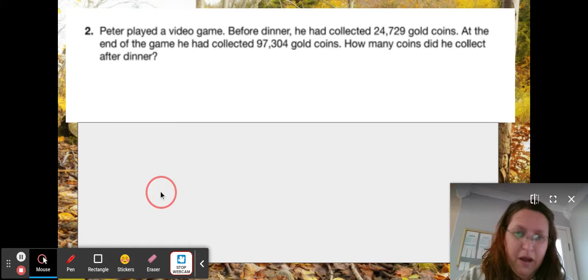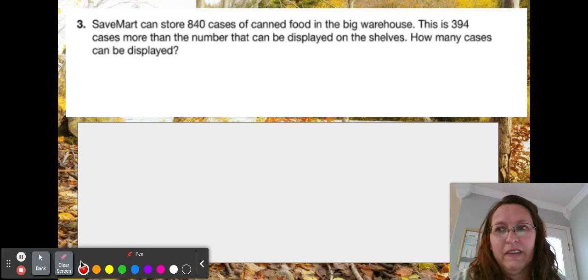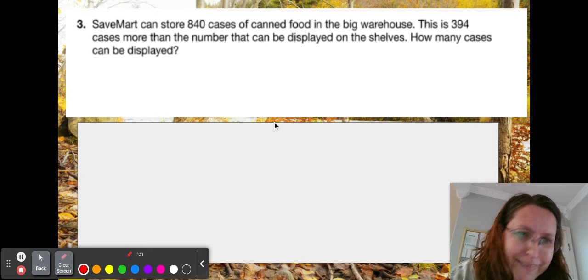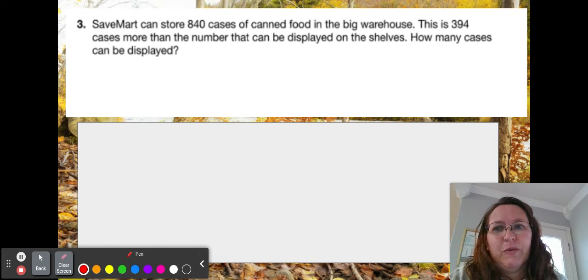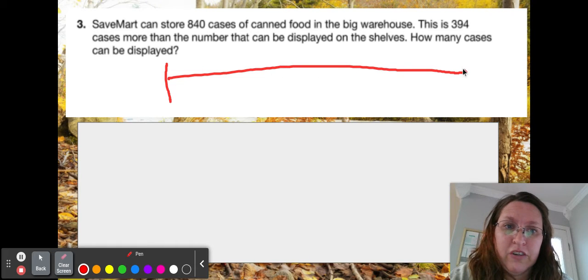One more problem. So with this one right here, it says Save Mart can store 840 cases of dog food or of canned food in the big warehouse. I think dog food because that's what I get. This is 394 cases more than the number that can be displayed on the shelves. How many cases can be displayed? To solve this problem, I've got to draw my line and my parts.